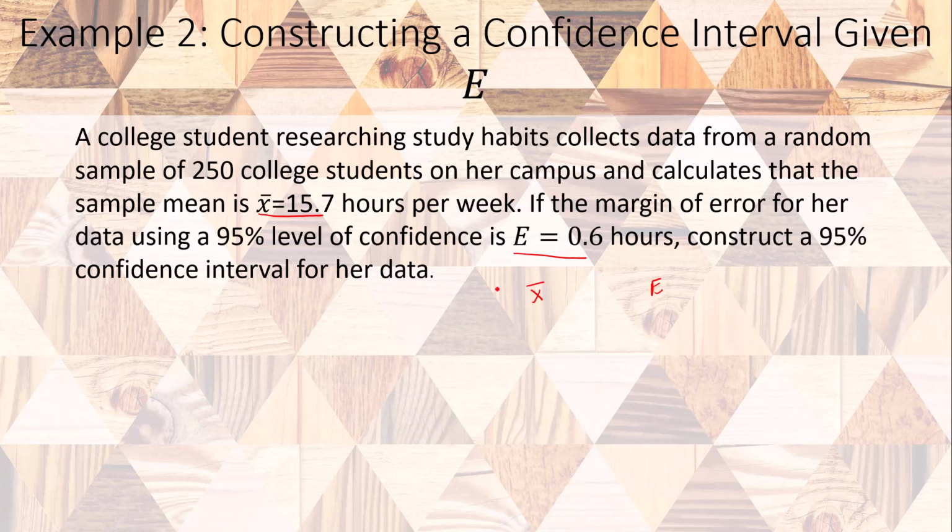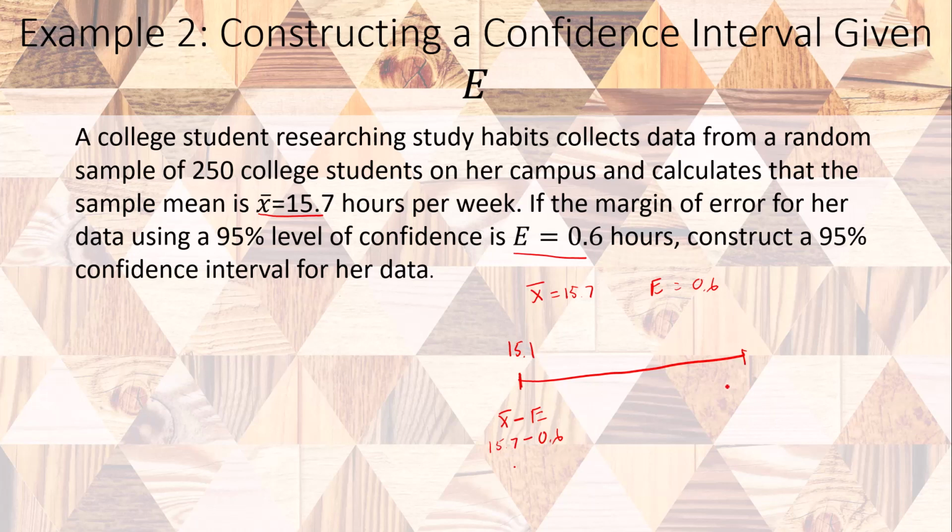Nothing else. If we have these two things, nothing else matters. Okay, cool. There's our sample mean, 15.7. Here's our margin of error, 0.6. If that's the case, then our confidence interval is going to start at x bar minus E, which will be 15.7 minus 0.6, which will give us 15.1.